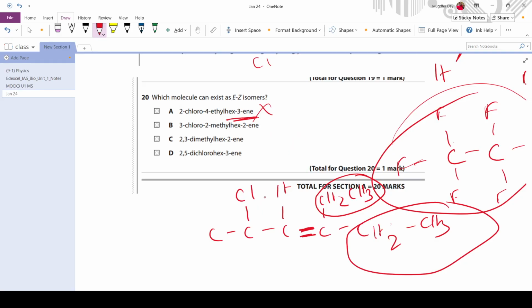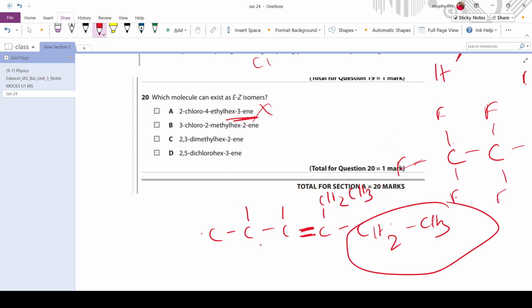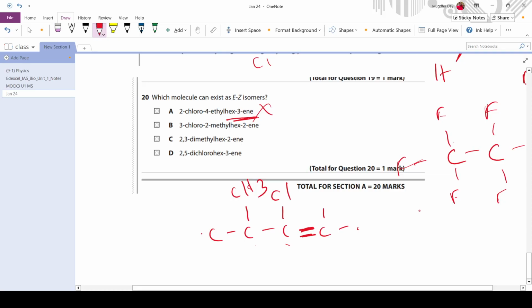Look, why is it not possible? Now what is happening? 3 chloro 2 methyl, so 3 chloro, 1, 2, 3, 3 chloro, 2 methyl hex 2 ene, I believe. Sorry, 1 minute.